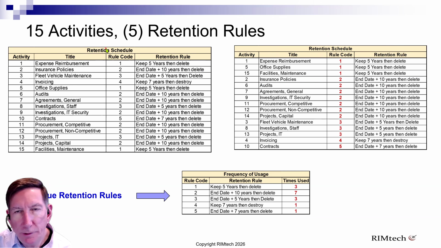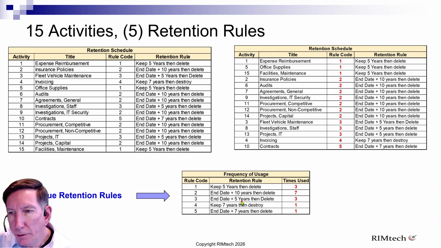Now, here is a retention schedule fragment on the left with 15 business activities. I refer to those as categories. Each one has a retention rule, but you might notice that the same retention rule, such as keep 5 years and delete, is repeated across multiple activities. So if we sort this table by the rule code, because every retention rule has to have a code, then we start to see the pattern, the repeats.